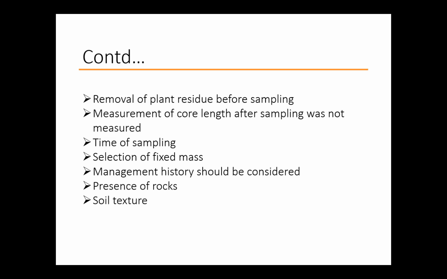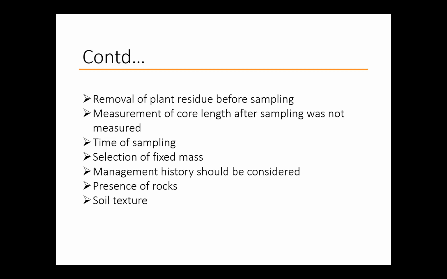And management history has a role to play in the performance of carbon stock estimation. Luckily, we did not have any rocks present in our soil, but those are things to be considered. And based on literature review, you cannot rule them out from your estimations, because they are part of your soil. And soil texture: we saw some data earlier today.